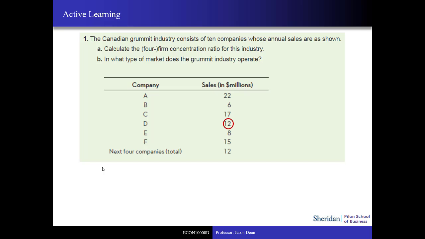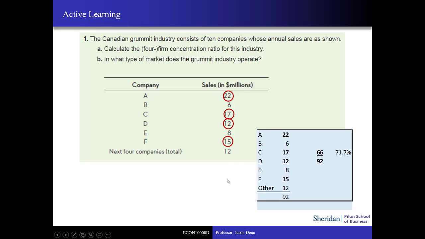To get the four-firm concentration ratio here, we take the sales of the four largest firms. That's F, D, C, and A. That sums to 66, and then we sum this entire column, and we get 92.